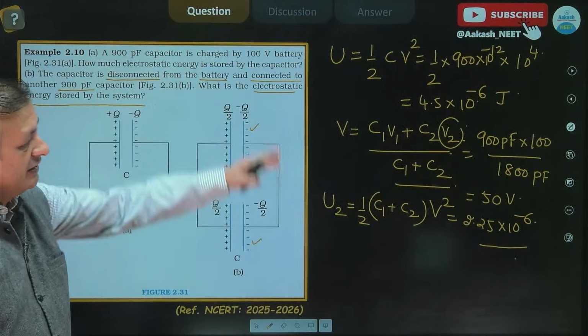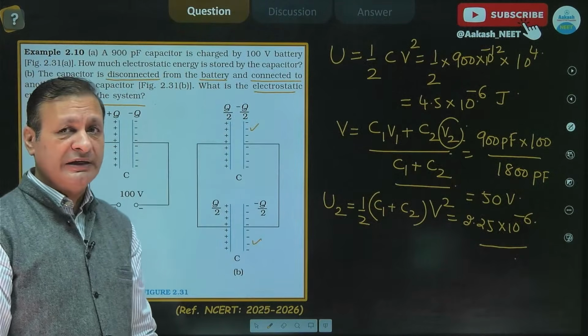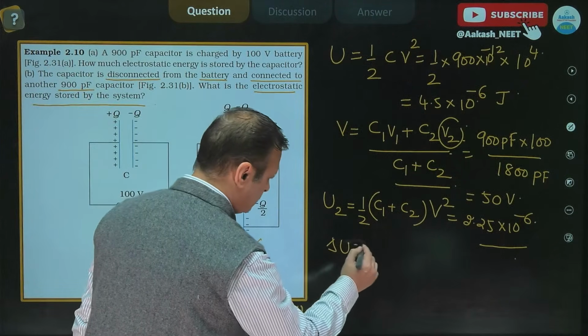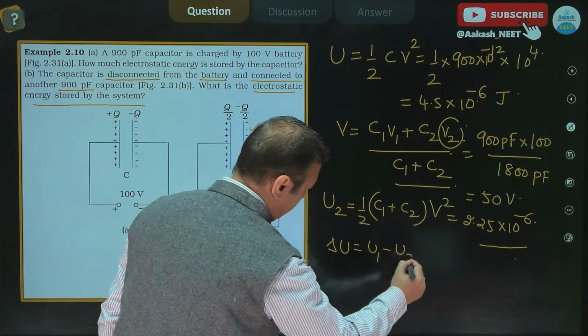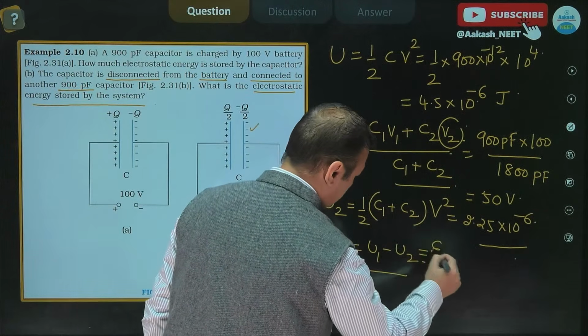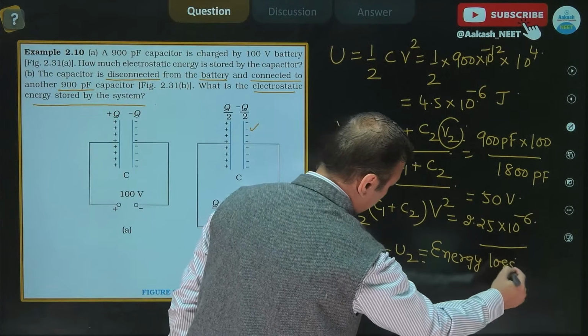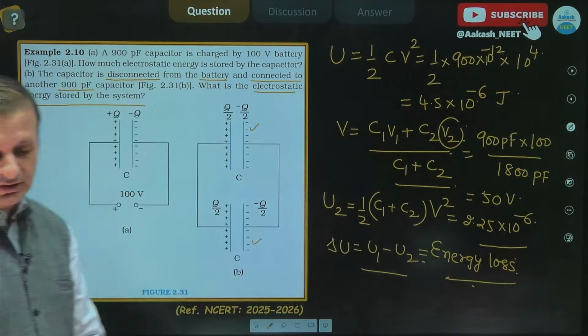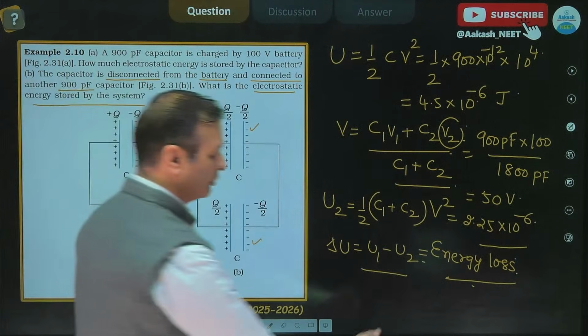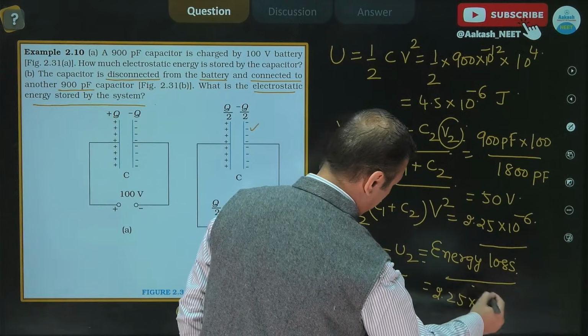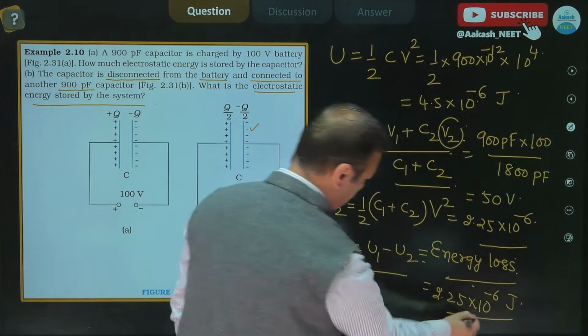So definitely there is a difference in the energy, and where has that energy gone? U1 minus U2 is your energy loss. This energy loss is primarily in the form of heat while transferring the charges, and that heat loss is 2.25 into 10 to the power minus 6 joules only.